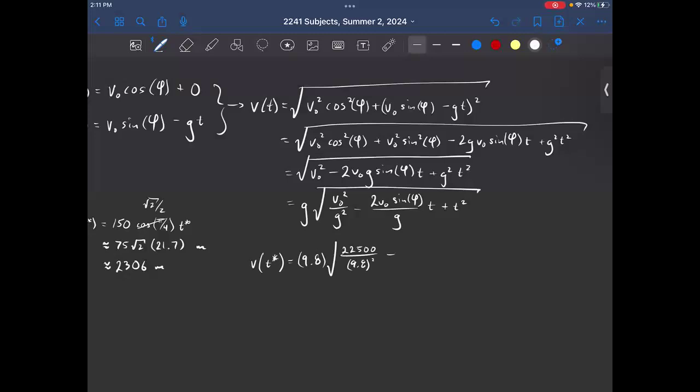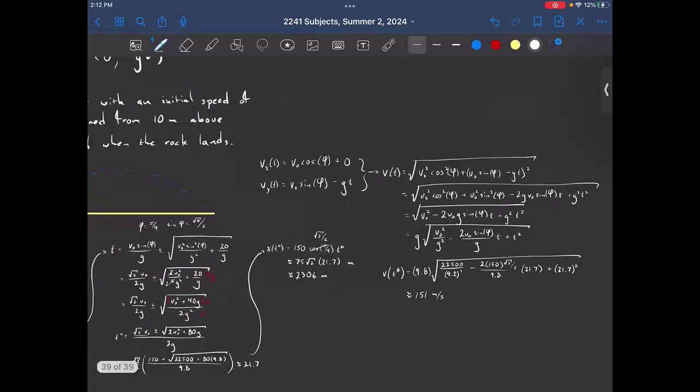Minus 2 times 150 times the square root of 2 over 2, divided by 9.8, and then my value of t, plus 21.7 squared. And if you go ahead and, again, throw all this into your calculator after simplifying, you should get something around 151 meters per second. So a little bit of work there, but good problem to have some experience with.